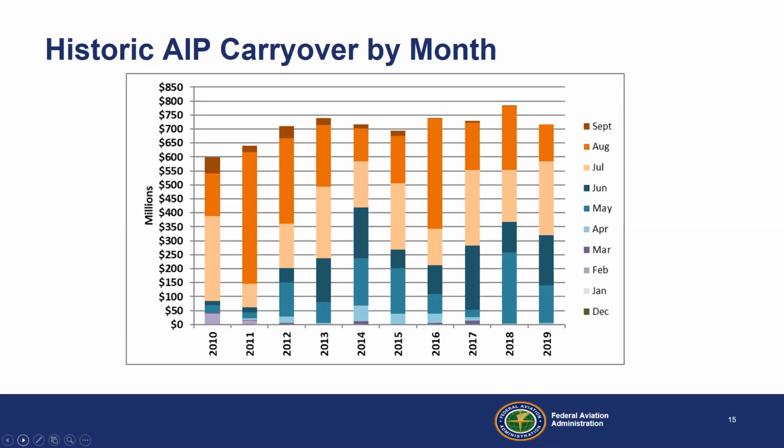If you look, we don't get a full amount of carryover until these later months of the year. We get very little in the very beginning of the fiscal year, and then it jumps very significantly later in the year.